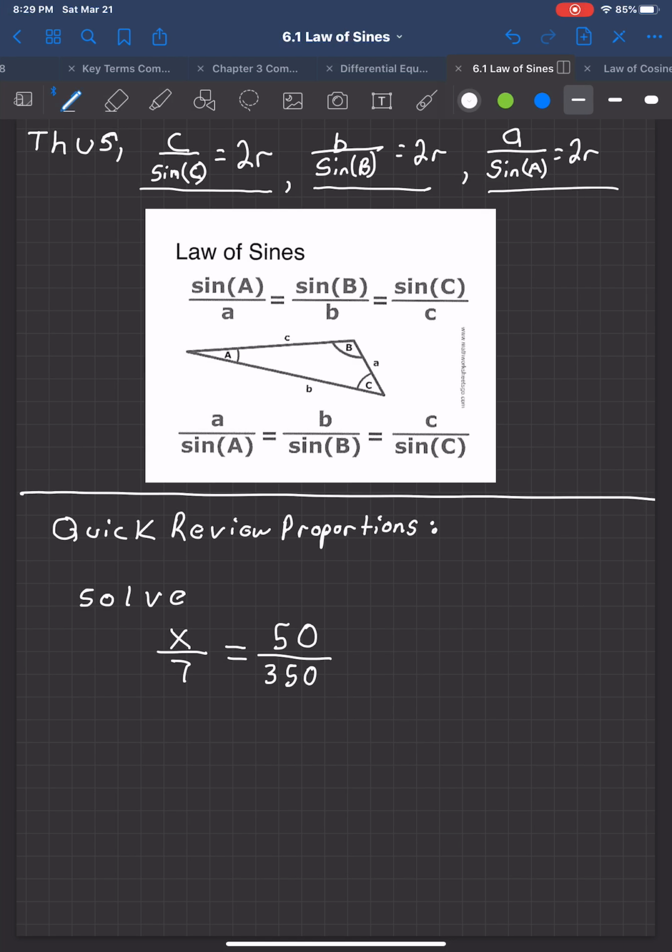All right. So when we say a proportion, what we mean is we have a fraction set equal to another fraction. Now, the way this game works for any proportion, let's think of it like there's 4 parts.